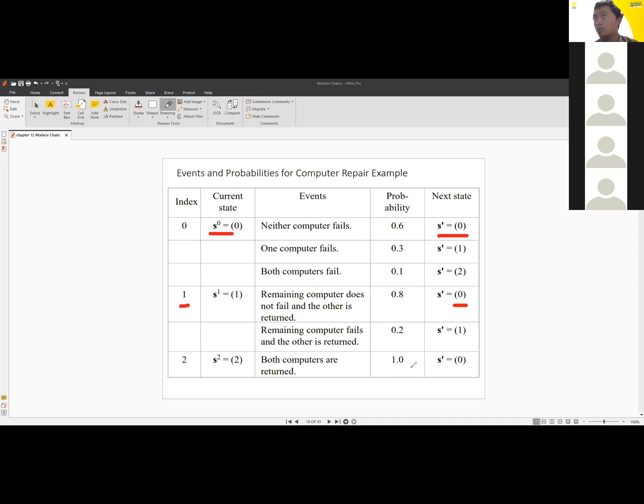Probability 1 means the computer returned today, but we have no work today. The computer just returned. So the next day, I mean tomorrow, we'll be back to state index 0, which means both computers work well. Okay, any questions?